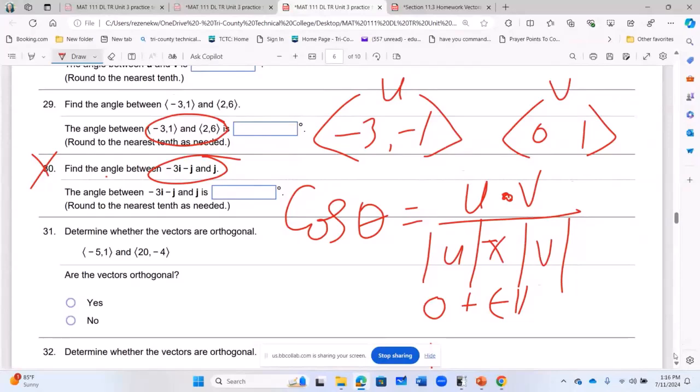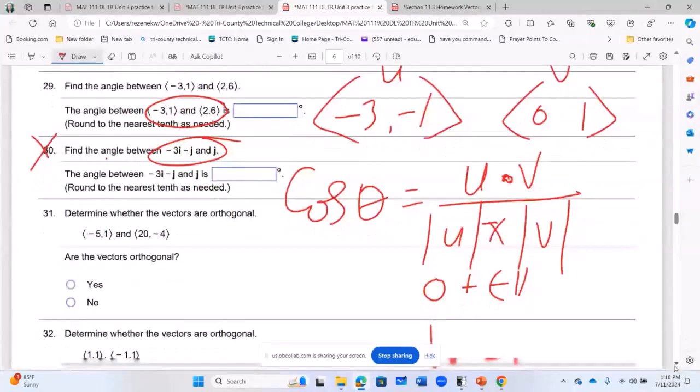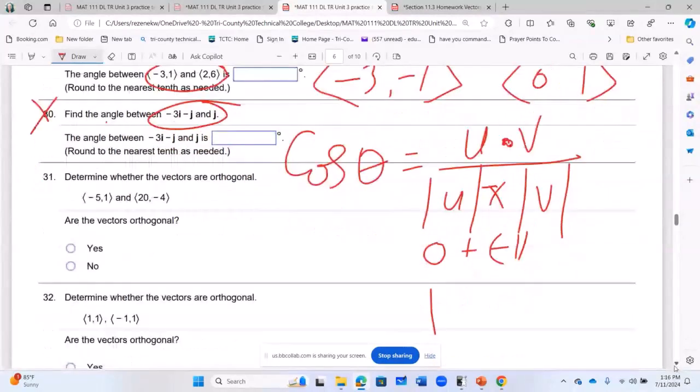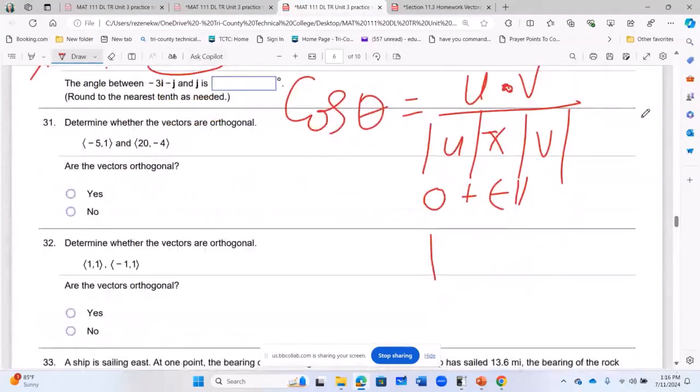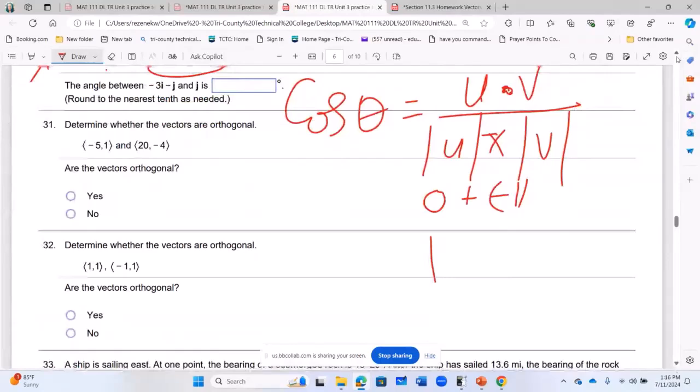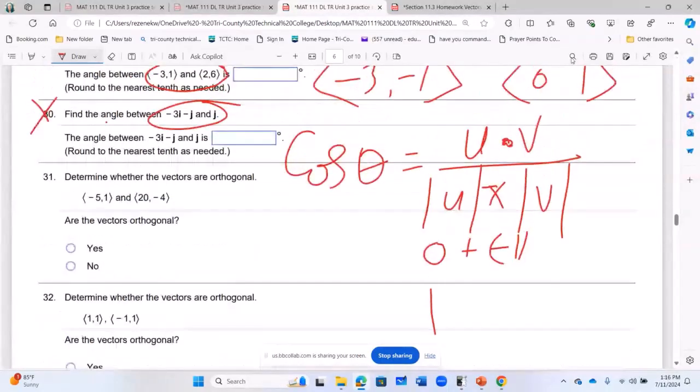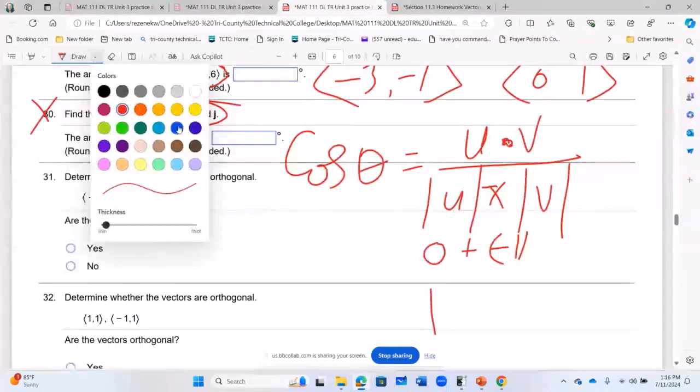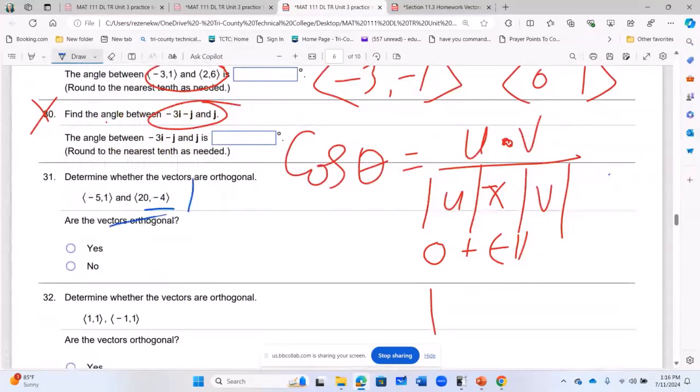Then I will find the magnitude of vector u and vector v. So I'm going to do that on the left-hand side. So I have -1 in the numerator.